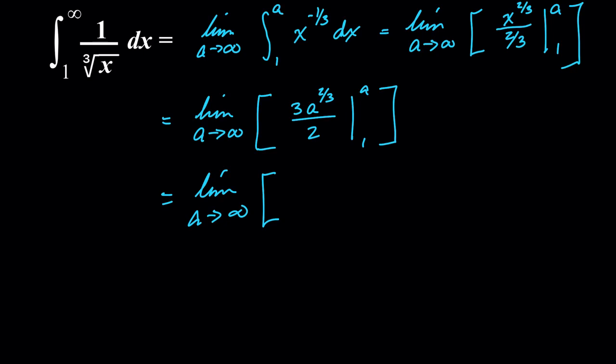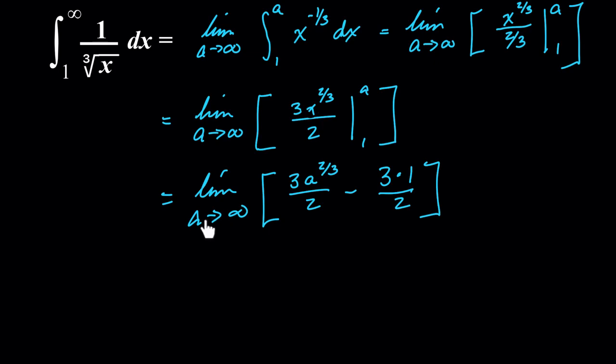Let me replace this real quick. This is still an x. All right, so now we plug in a, so you're going to have 3a to the 2/3 over 2 minus 3 times 1 to the 2/3, which is 1. So if you think about this, this part is going to converge to 3/2, so that is a numerical value.